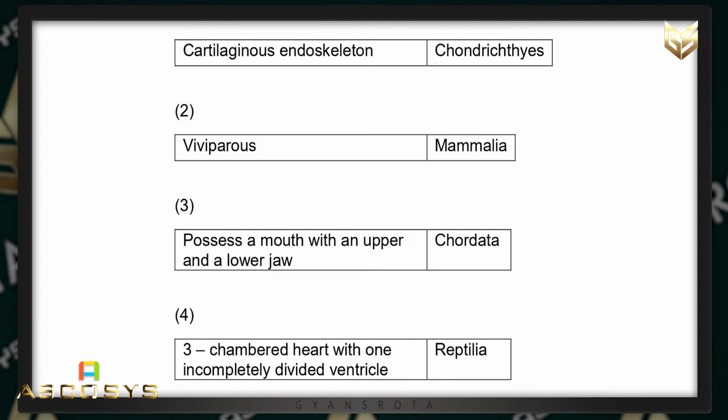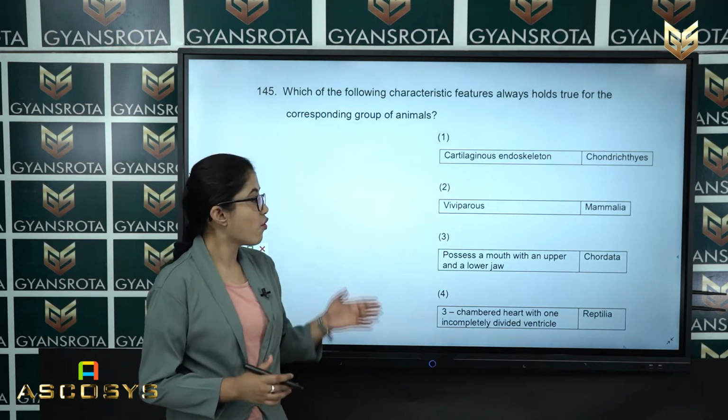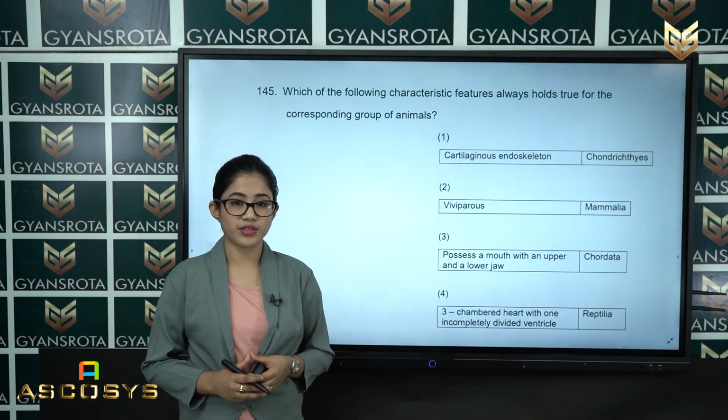Option number 3, possess a mouth with an upper and a lower jaw, chordata. And option number 4, three-chambered heart with one incompletely divided ventricle, that is of reptilia. Now, in this 4 option, you have to select the one which are having no exception.